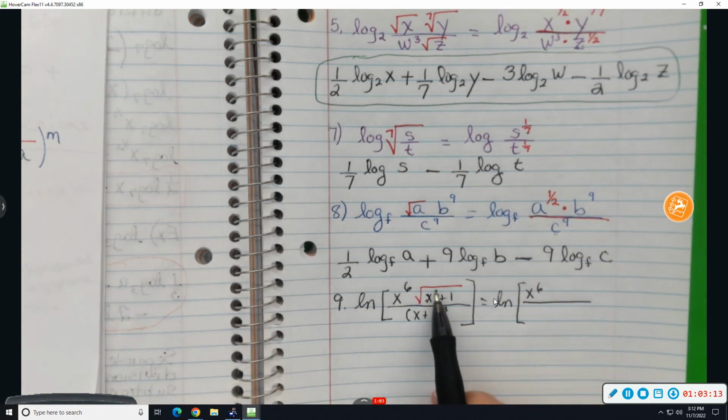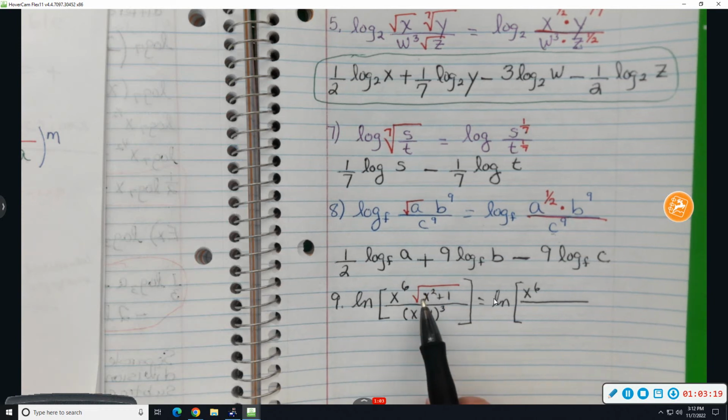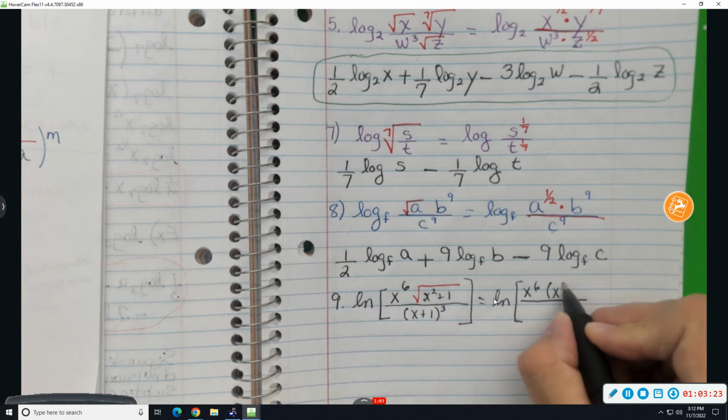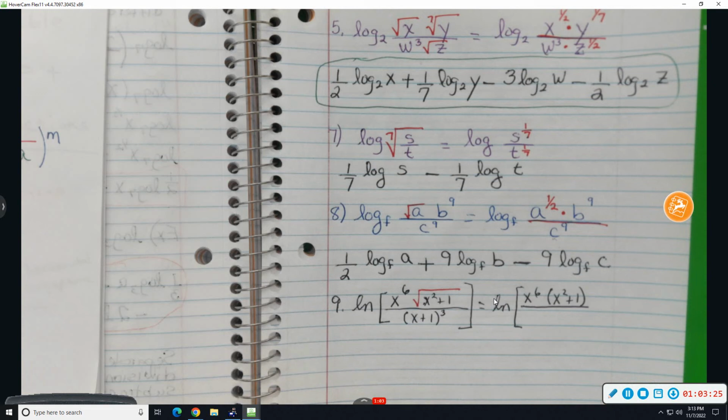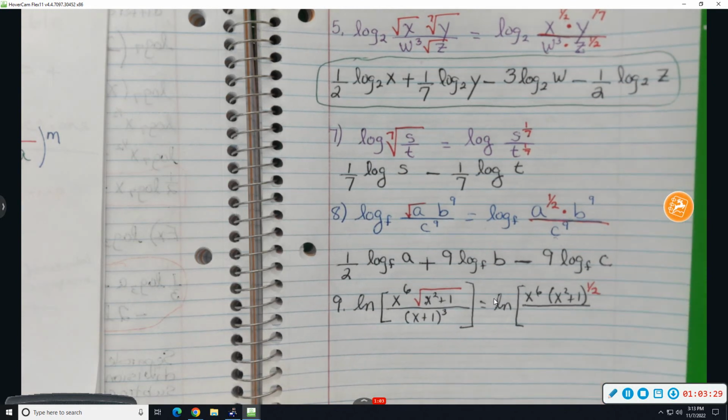Now the x squared plus 1, we can't separate that. You don't separate logarithms at addition or subtraction. That's got to all stay together. And we put the 1/2 exponent right there.